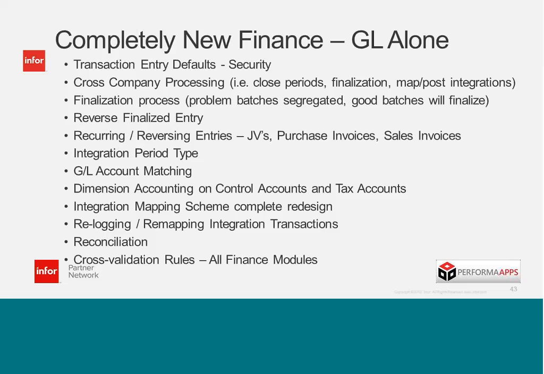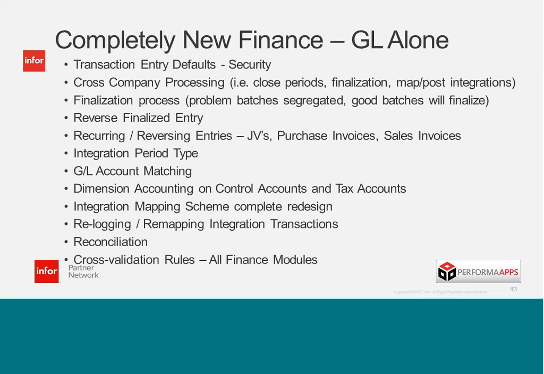We've got reversal of a finalized entry, which is nice because if you went ahead and finalized an entry in Baan 5, your only option is to actually do a reversal manually of that transaction to wipe it out.